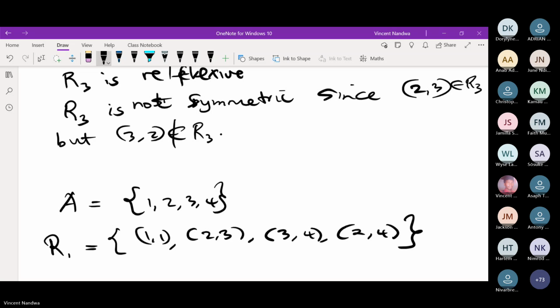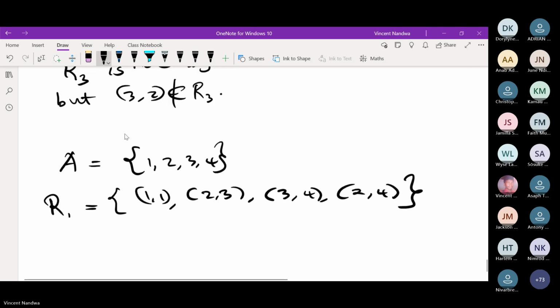Yes. What makes that to be the case? So it's true that R1 is transitive, since we have 2, 3, 3, 4, and 2, 4.